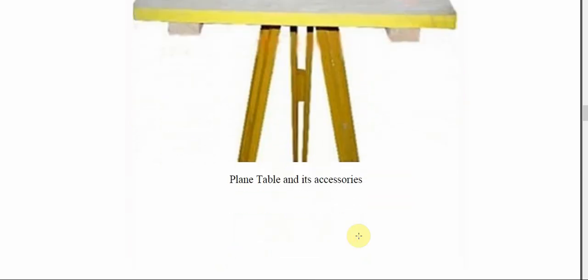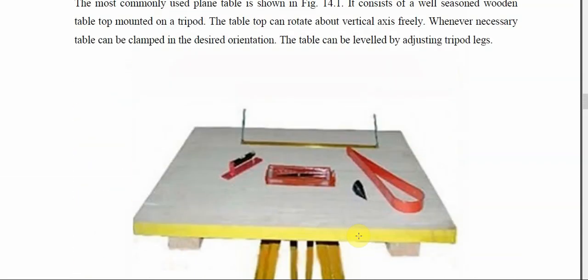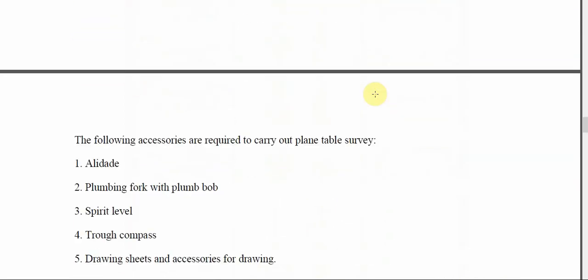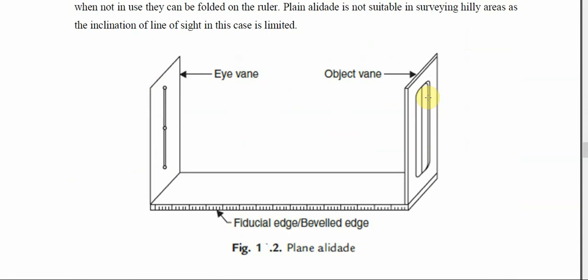Now the other accessories that are used in the plane table surveying are alidade. Now this is my alidade. So this is a plain alidade. Now in alidade also there are two types.